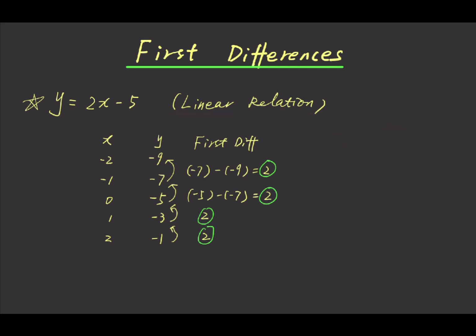But here, I use this example to demonstrate what the first difference is. We know this is a linear relation, and we can get the first difference, a constant. If we know first differences are constant, we can reversely get the conclusion that the original relation must be a linear relation.